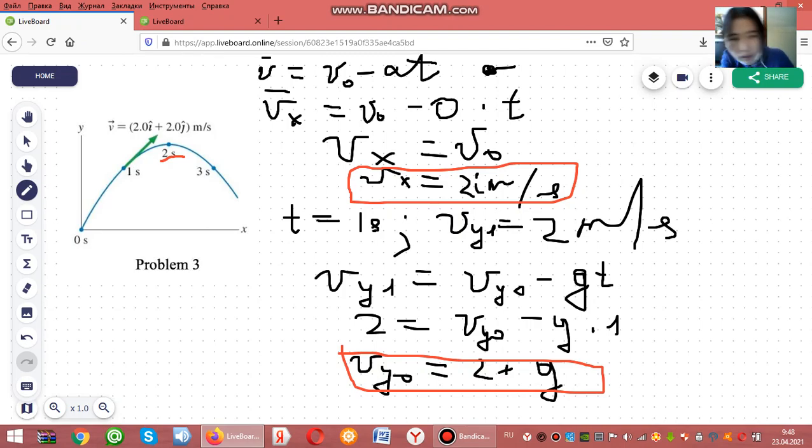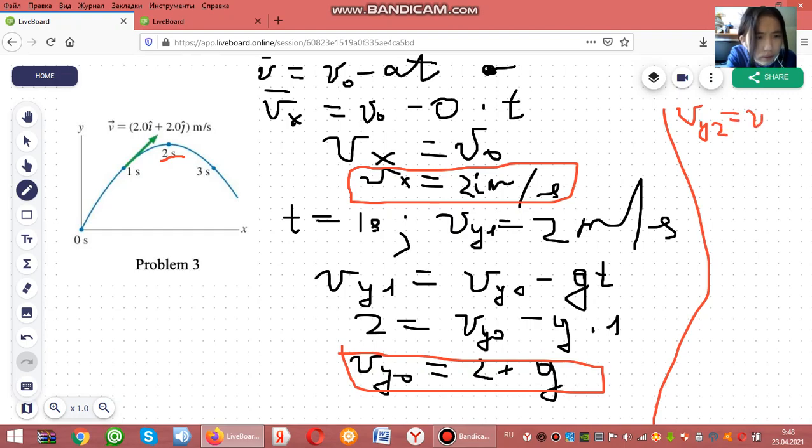Here let me write Vy2 equals V0y minus g t. Here 0 equals V0y minus 2g, so V0y equals just 2g.